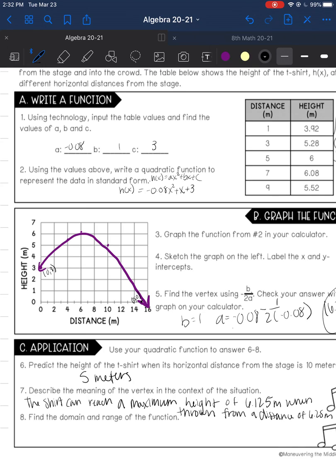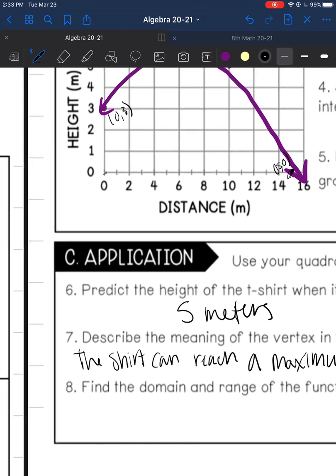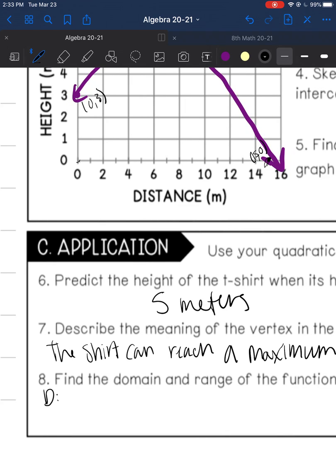If we are looking in quadrant 1, we're really looking at all of the possible x values. So our domain starts at 0 and goes to 15, which is where it crosses 0 again in our y values. So all of our possible x's are 0 is less than or equal to x, which is less than or equal to 15.